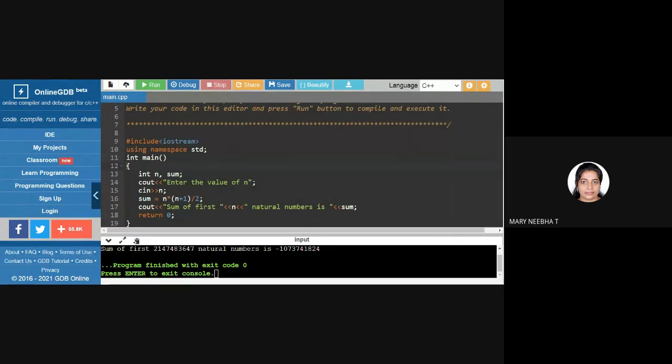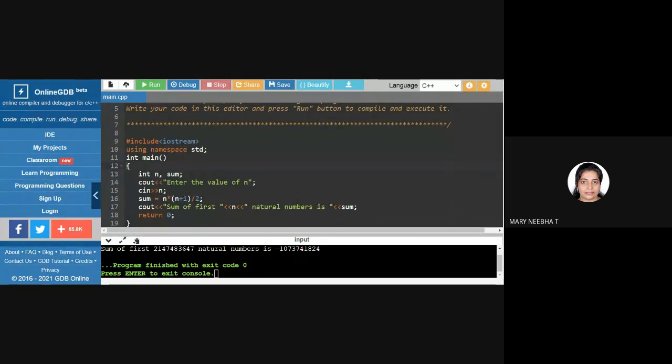So this is how we have to find out the efficiency of every algorithm. Time complexity and space complexity help a lot in finding the efficiency of the algorithm. So we can use these two as measurement scales.